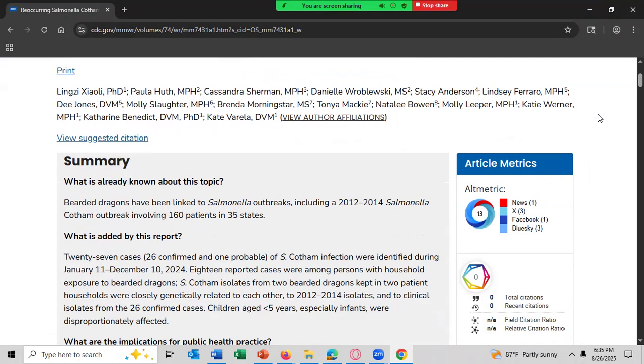It's not usually found in the gut or the intestines of an animal. And 18 of the cases were exposed to the bearded dragons. Okay. Any question about any of that?